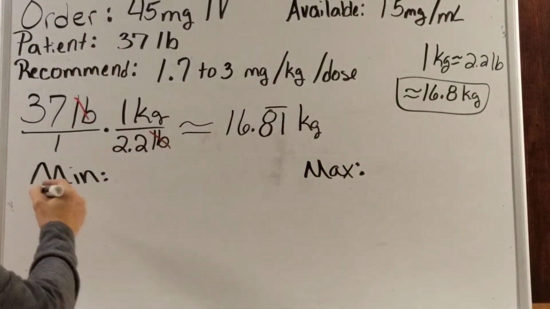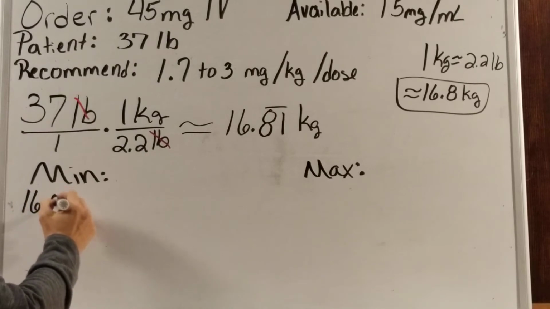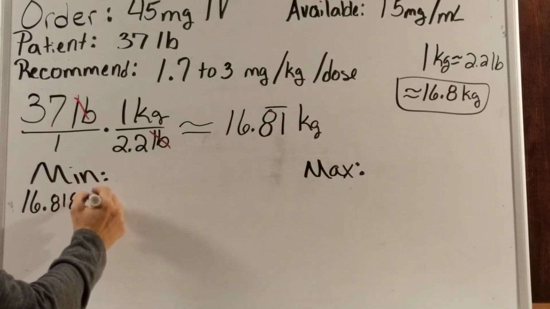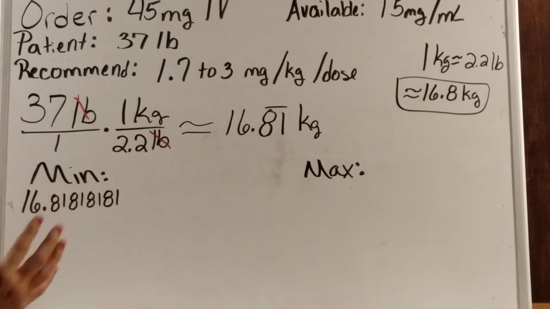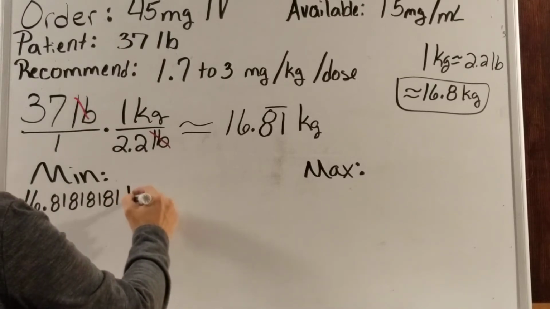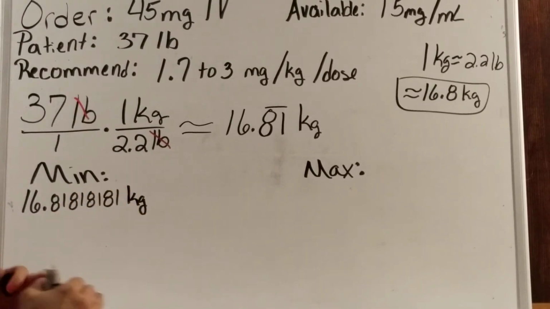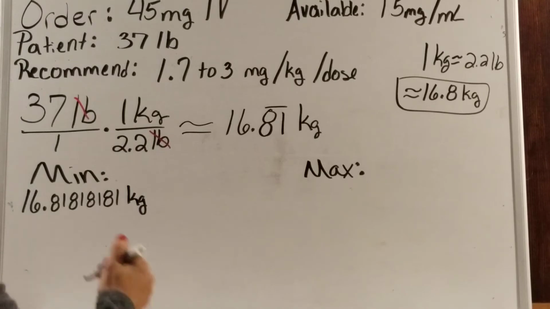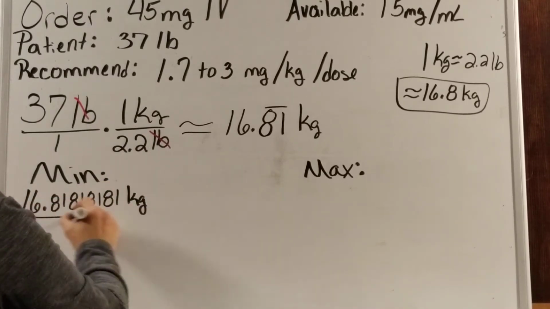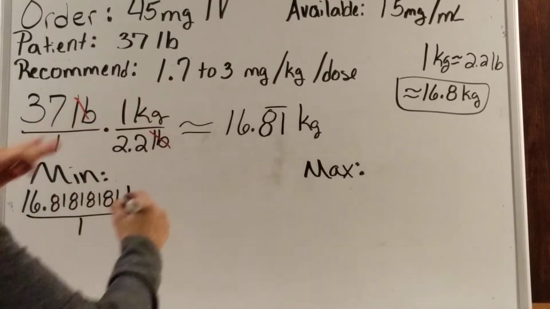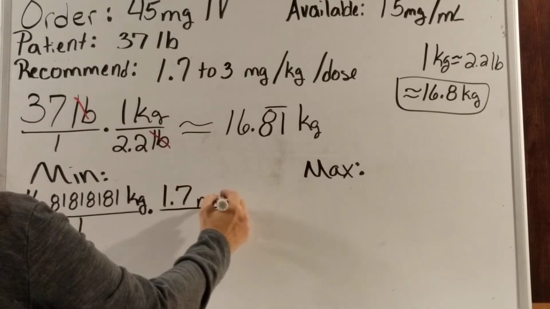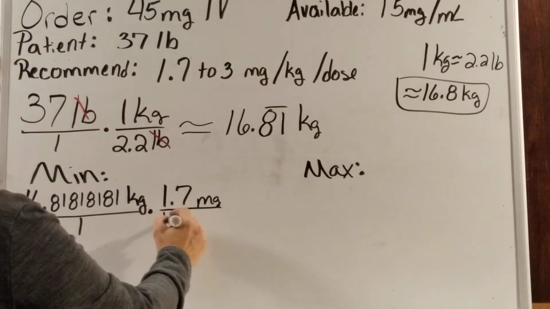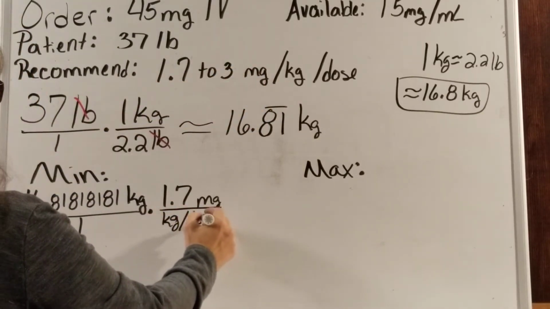So we have this patient who is 16.81 continuously going. It's going off to some point. Most calculators will start rounding after a point, so we just want to go out far enough. And we're going to put it over 1. The minimum says 1.7 milligrams per kilogram per dose.